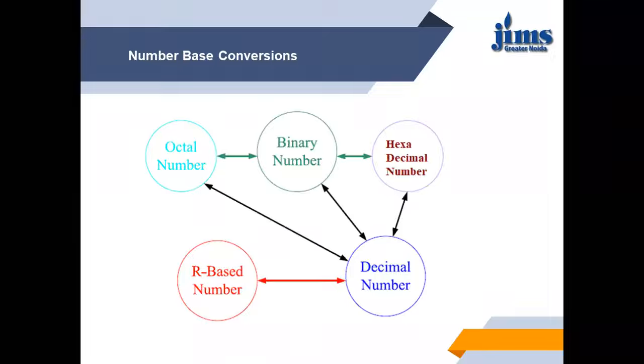Now we have to convert numbers from one number system to another. Initially you are very much aware of the decimal number. A decimal number can be converted into hexadecimal, and hexadecimal back to decimal, decimal to binary, binary to decimal, decimal to octal, octal to decimal, decimal to any base r, or from any base r back to decimal. When a number is in any base r, expanding it by multiplying the coefficients by the base raised to their positions converts it into the decimal number.